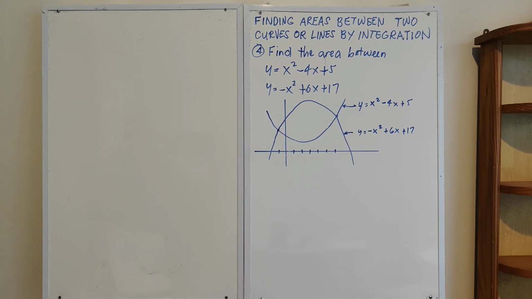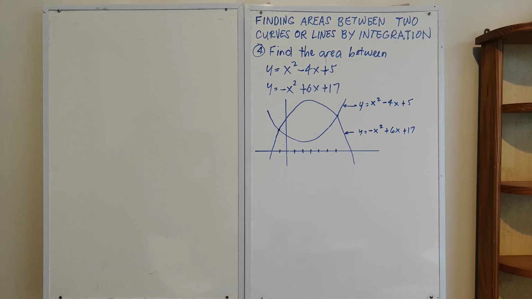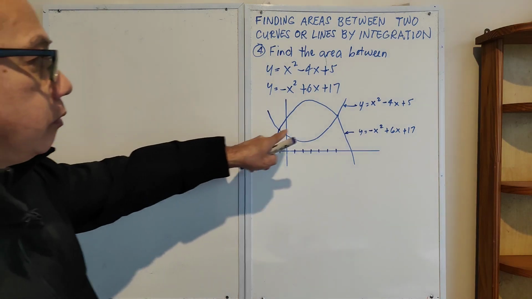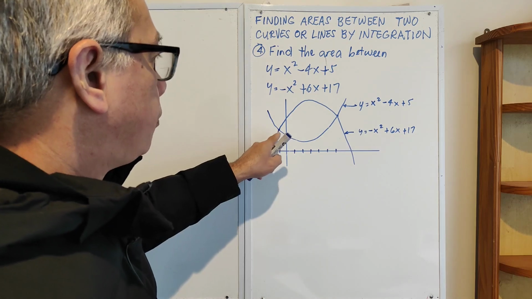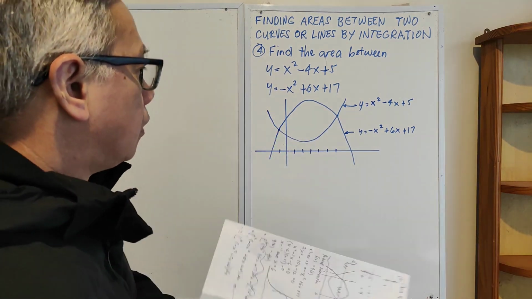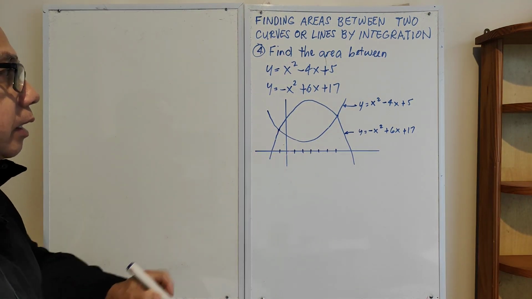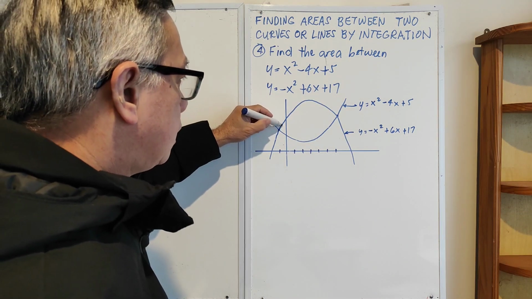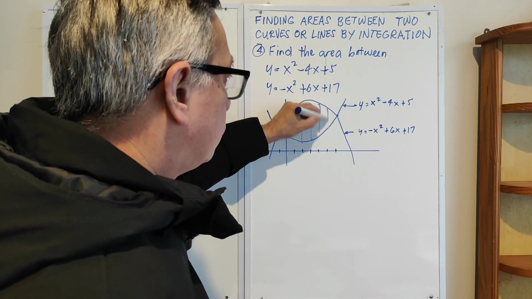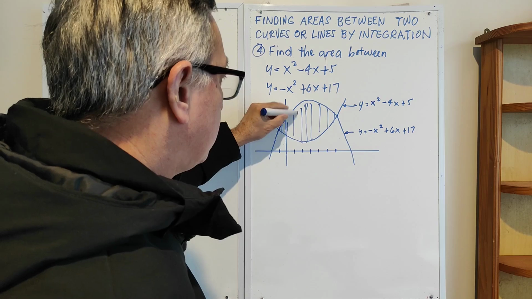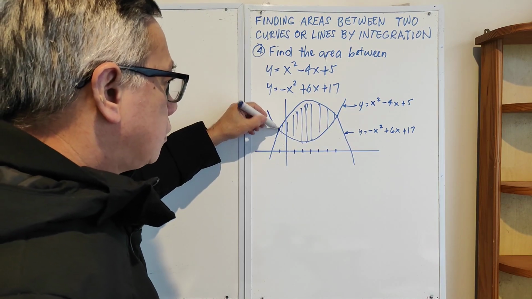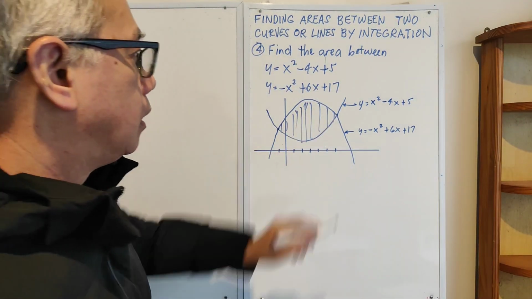Example number 4, find the area between y equals x squared minus 4x plus 5 and y is equal to negative x squared plus 6x plus 17. So first we need to find the points of intersection, so we would know the area that we need. It starts on one intersection point and ends on the other.